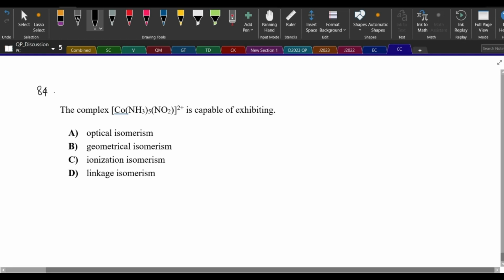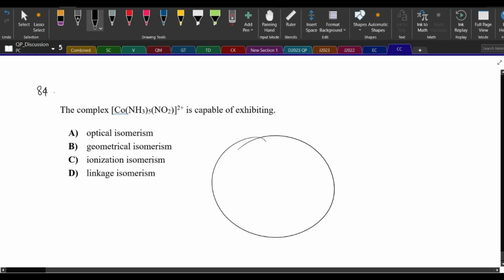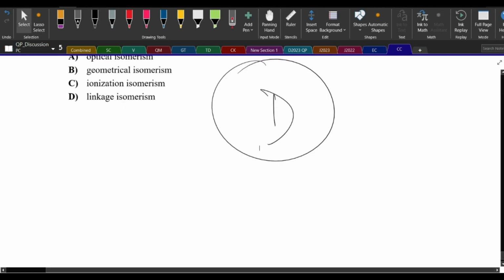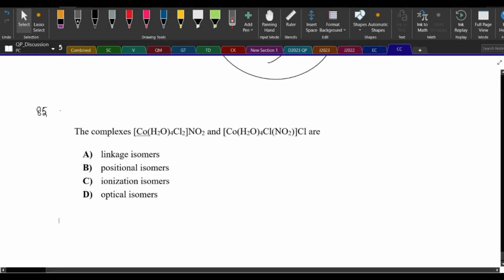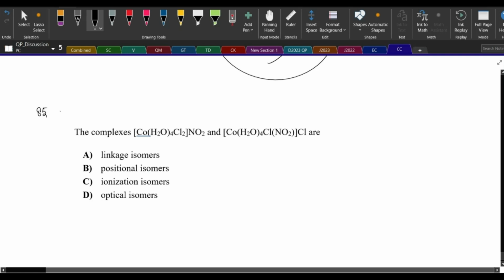Of course, wherever you see NO2, be sure that it is linkage isomers. Okay. Last question. It's the same type that you have done. The complex which is exhibited over here is capable of showing what type of isomerism?